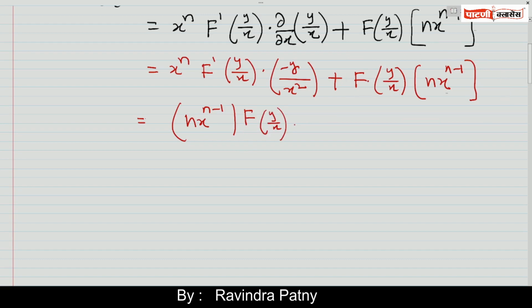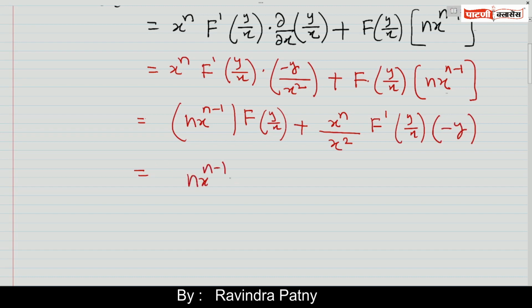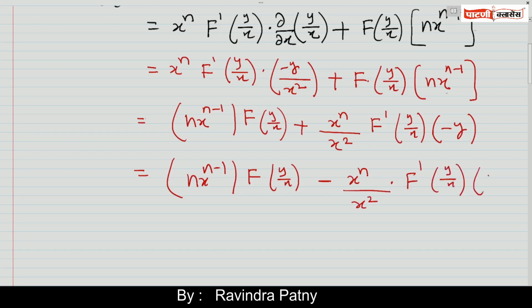Then after that, plus x raised to n upon x square f dash of y upon x into minus y, that is equals n x raised to n minus 1 f of y upon x minus x raised to n upon x raised to 2 into f dash of y upon x into y.